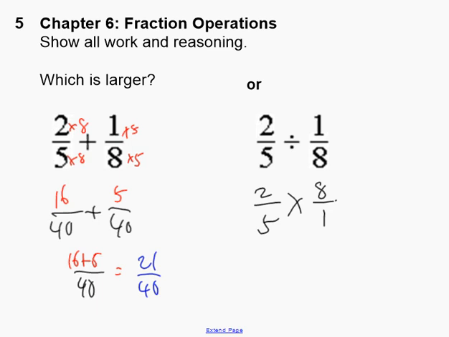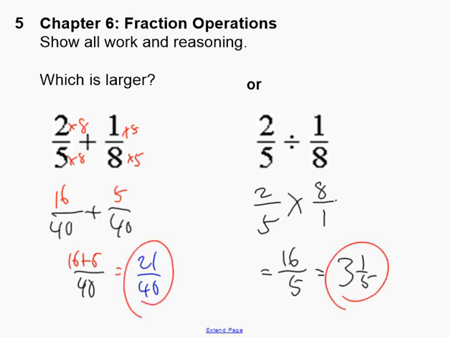And when we do this, we get 16/5 as an answer, which is equal to 3 1/5. Now the question is, which one is larger? Obviously, this one is less than 1, and this one is greater than 1. So which one is larger? This one. What's your reasoning? Because it's greater than 1, and 21/40 is not greater than 1.